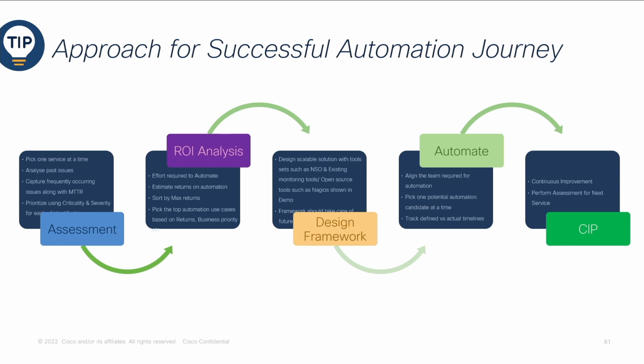So the next process is automate. After picking up the top use cases, we align the team and then start the automation process. One important thing that most of us, even us, miss is that we define a target, so that this particular use case we are going to automate within probably 3 months. But what we fail to do is go back and really look at whether it is done within 3 months.